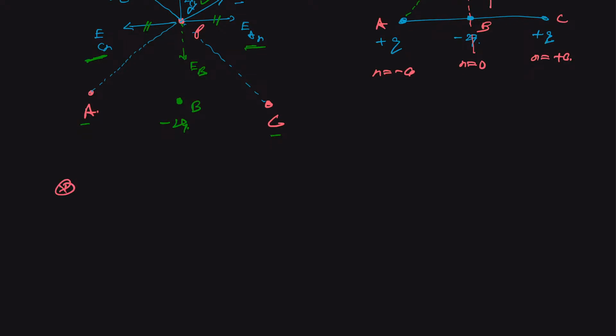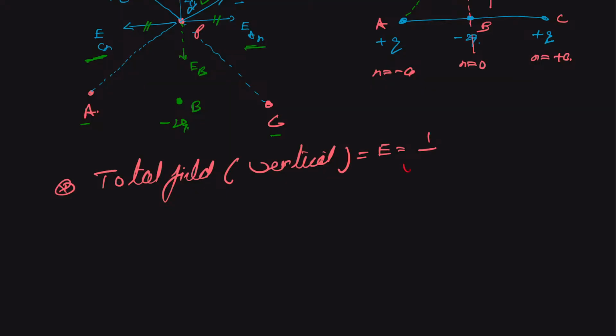So we can say the total field, which is nothing but vertical only, will be E is equal to 1 upon 4 pi epsilon naught, times EAY plus ECY minus EBY.